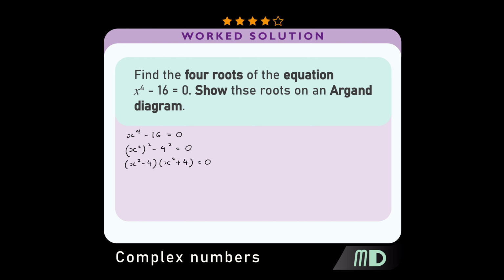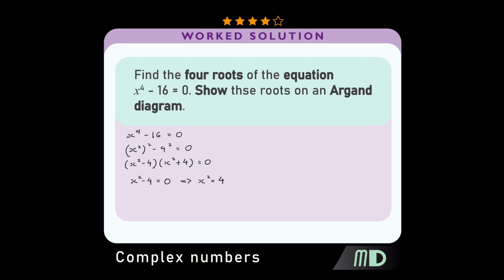Next, we need to set each of the quadratic expressions in each bracket to 0 and solve for x. First, x squared minus 4 is equal to 0. So, x squared must equal 4.